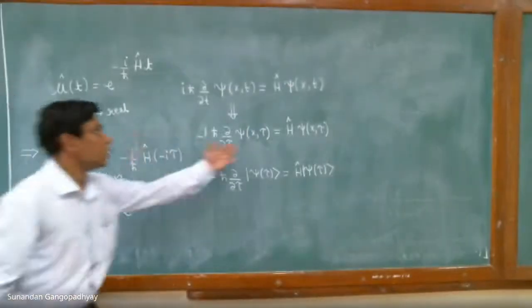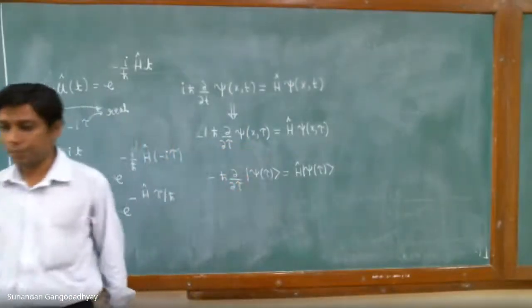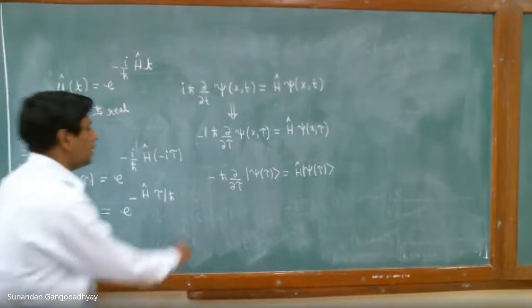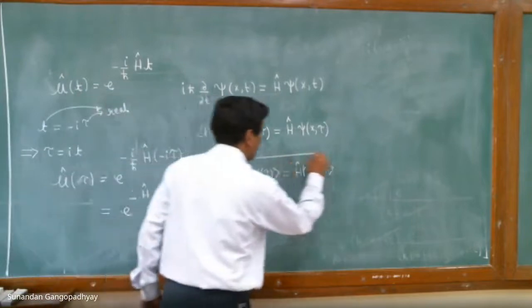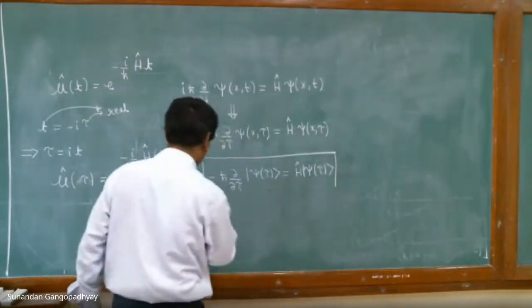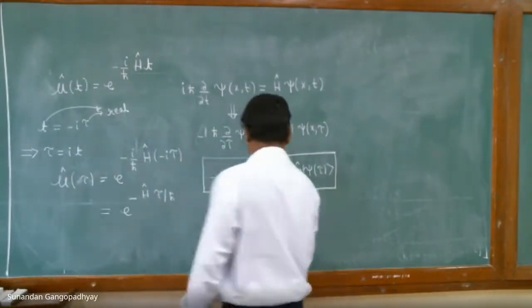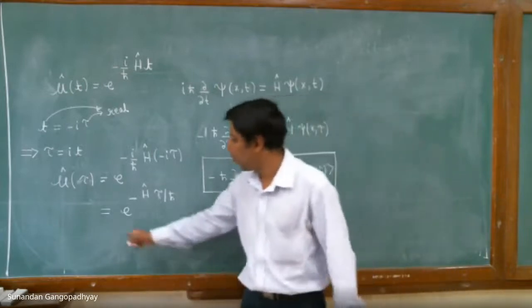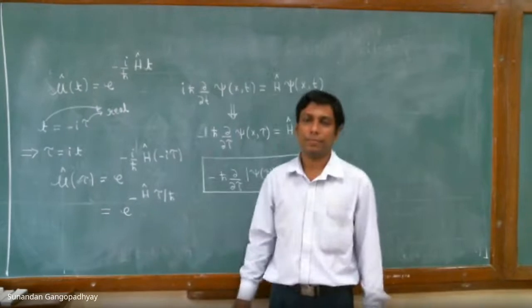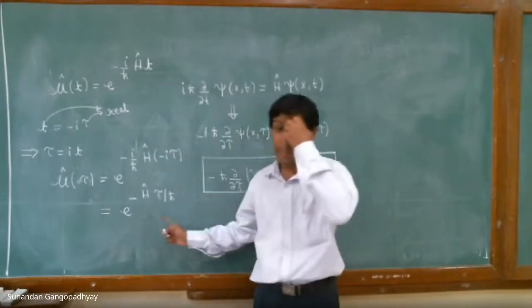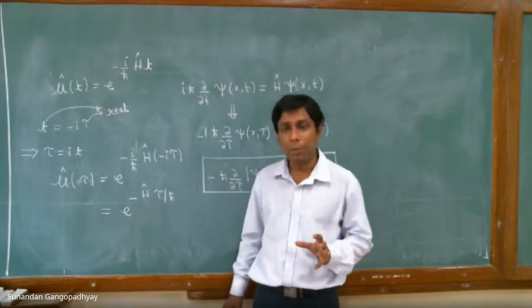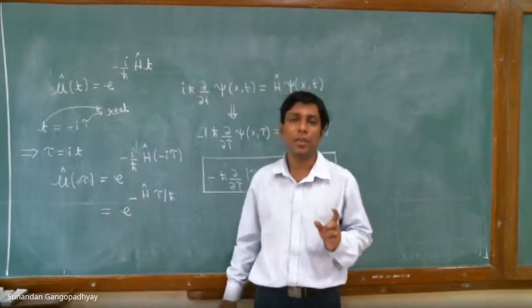So when you take position representation, this will become the wave function, psi function of x. So if the Schrodinger equation looks like this, then the time evolution operator will be this. And you can see here that since tau is real, H hat is a Hermitian operator, and there is no i sitting over here.